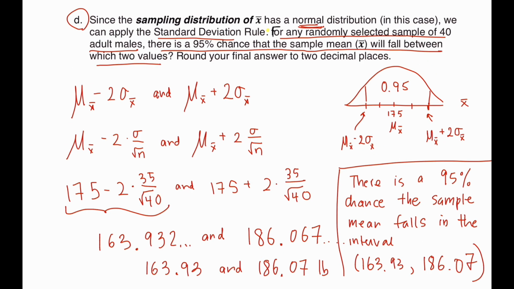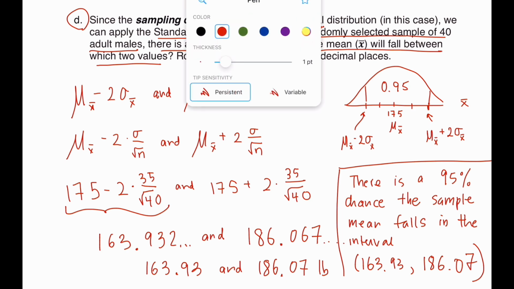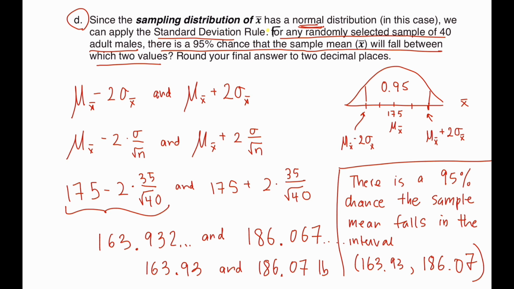One last thing I wanted to say is that if you couldn't punch this whole thing into your calculator, just make sure that with the root 40 you go out enough decimal places, at least 6 decimal places, just to be on the safe side.